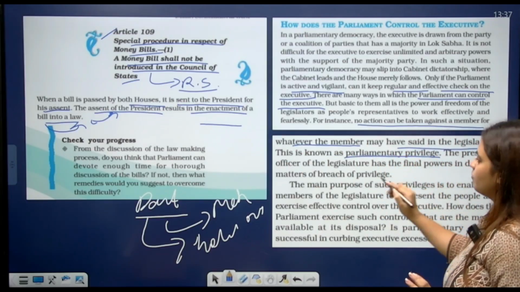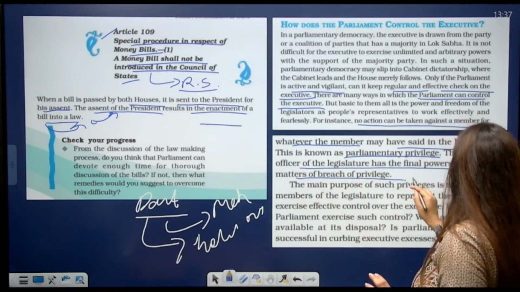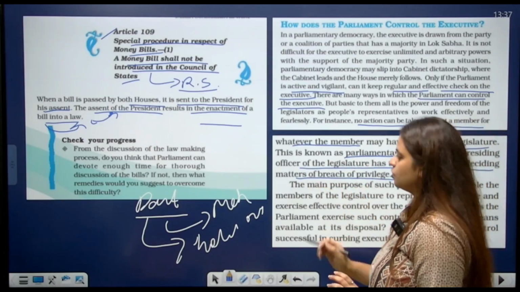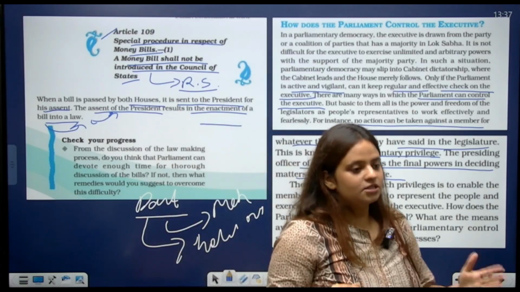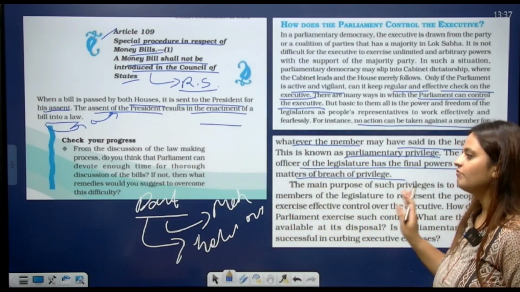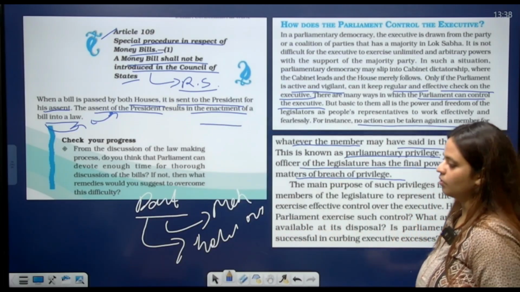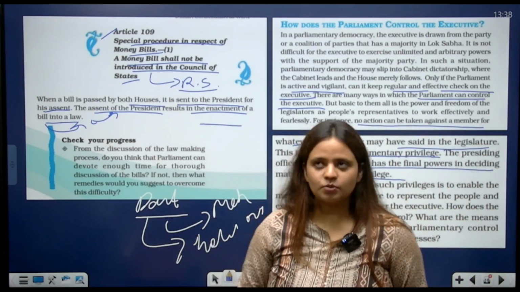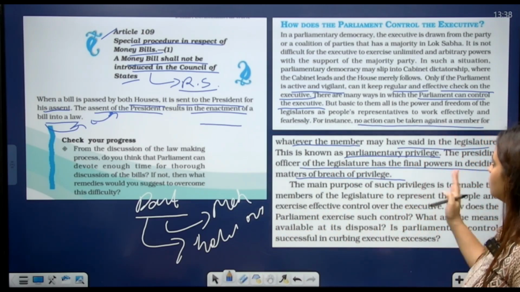The presiding officer of the legislature has the final power in deciding the matters of breach of privilege. So the person who presides over the house has the final authority in deciding if there is a breach of privilege or not. So this is one function by which the parliamentarians control the executive.